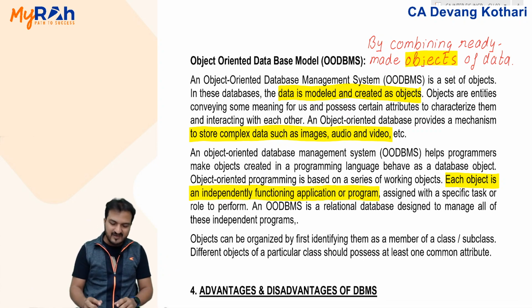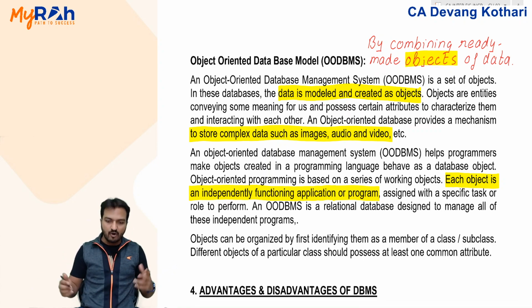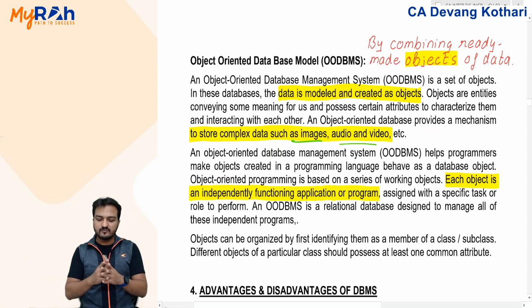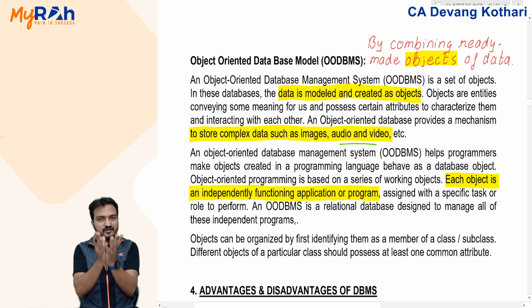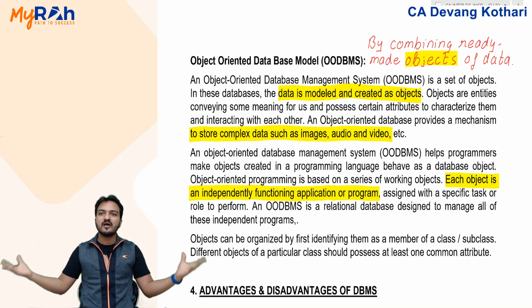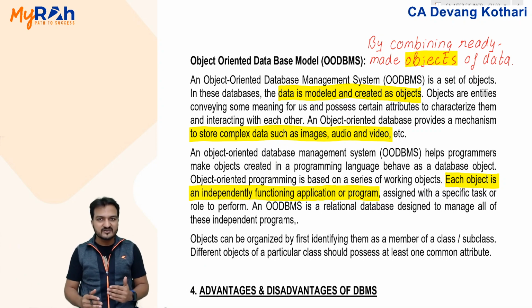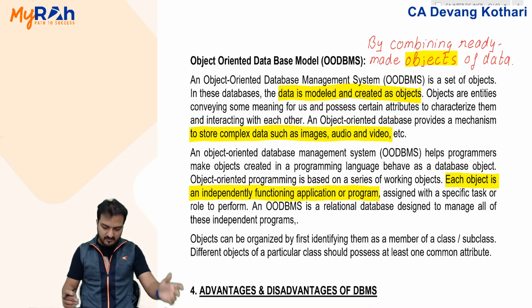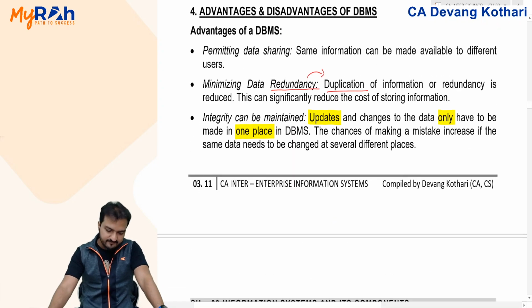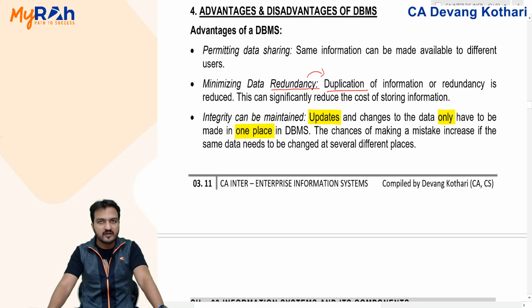Object is basically a set of complex data, audio, video, images, all the data combined together. It is like a ready-made set of data. Now object-oriented DBMS is a DBMS which has compiled such ready-made objects to create the entire database. This becomes object-oriented DBMS.